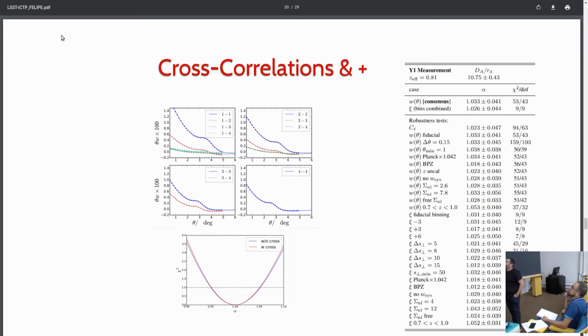Another test was the cross correlation. Spoiler: the cross correlation won't change much in our constraints. And here we have a greater list of what we tried in order to check the robustness of our data, and it seems everything is very okay.